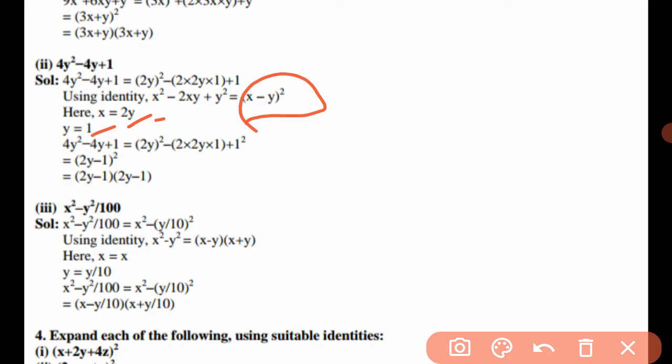So in this case value of x is 2y and value of y is 1. So here by putting value, 4y square minus 4y plus 1 equals (2y) square minus 2 into 2y into 1 plus 1 square. So in this it will be (2y minus 1) whole square. So we can write it 2 times, (2y minus 1) and (2y minus 1).